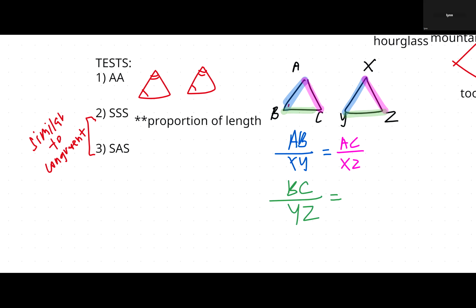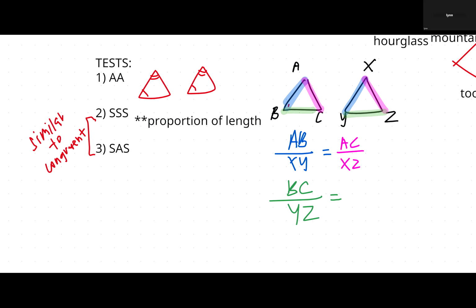BC over YZ is equal to who? What else can I use? Don't overthink. It's just very simple. Very good. One of the two, right?